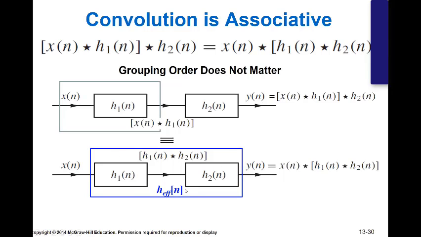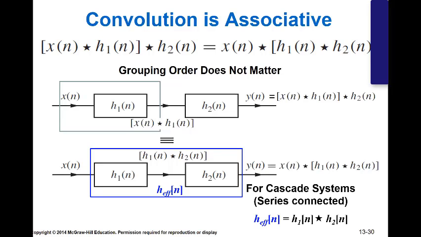And so we could create an effective unit sample response for the series combination of two other linear systems by convolving together their unit sample responses. And so that's the system statement that this associativity property is saying to us.